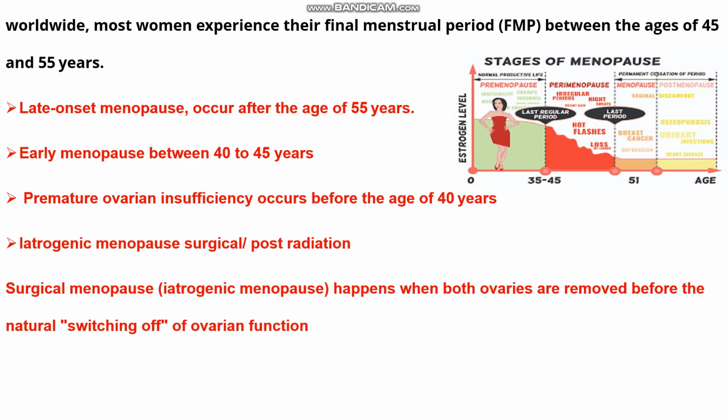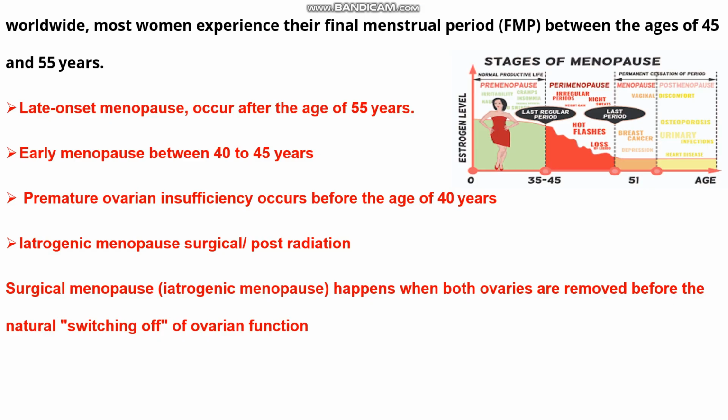Early menopause is between 40 to 45 years. Premature ovarian insufficiency occurs before the age of 40 years. Then there are some conditions which are iatrogenic, like surgical removal of the uterus, post-radiation, or use of drugs, which can lead to menopause.